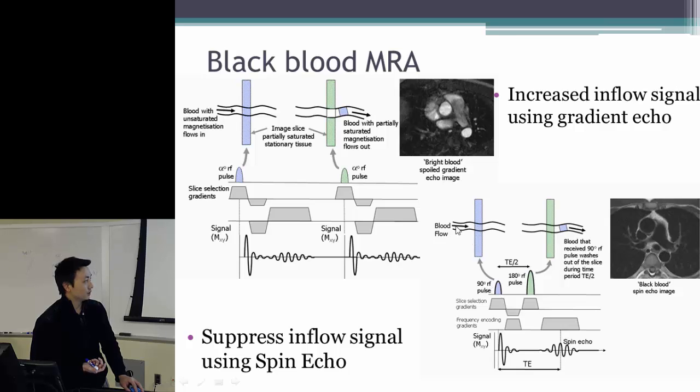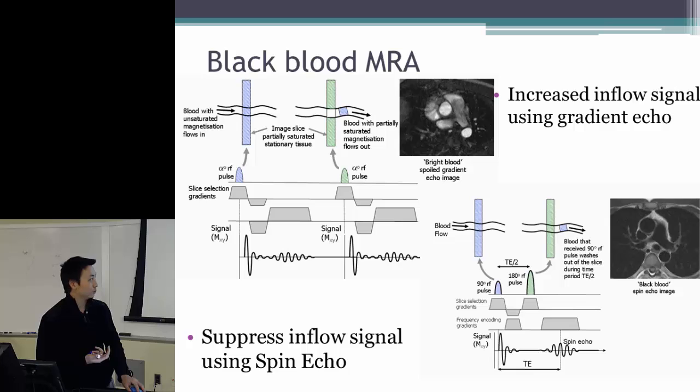But for the blood flow, the 90-degree RF pulse would excite this part of the blood. But when it comes to the refocusing RF pulse, this excited blood will already have left this imaging plane. Instead, the 180-degree RF pulse works on the blood that has not seen the excitation pulse.